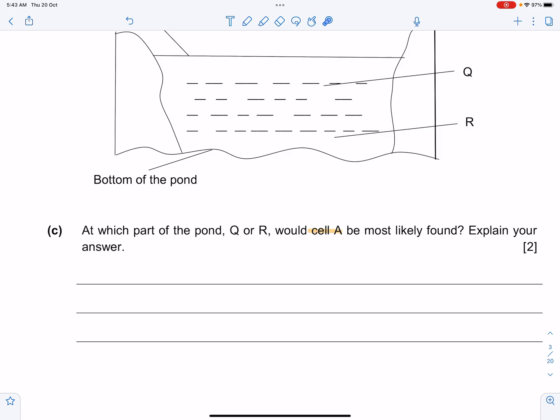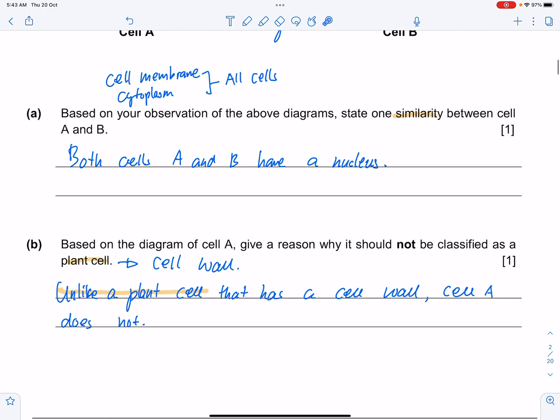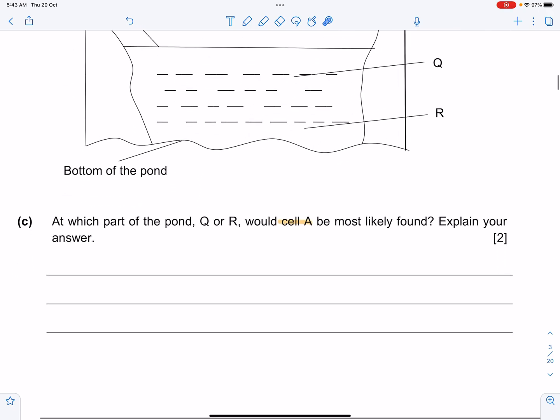Also, students sometimes don't qualify why cell A would prefer to do that. So you have to tell me that it contains chloroplast. We need to use evidence from the diagram to help us. So let's craft our answer. Cell A contains chloroplast, so it can photosynthesize like plants.